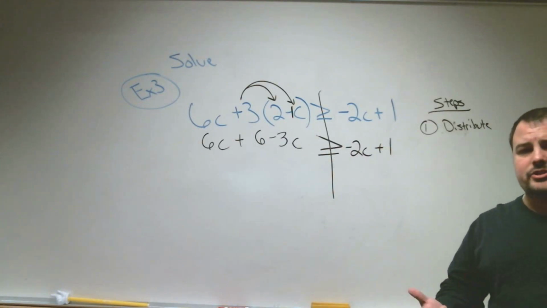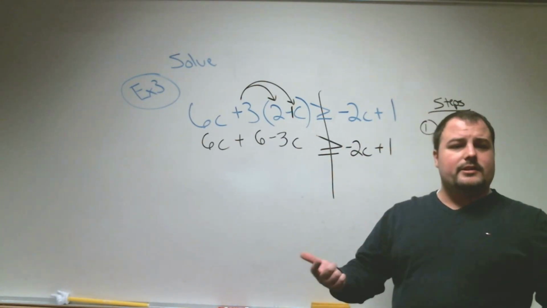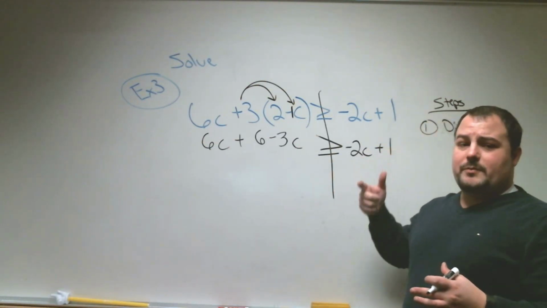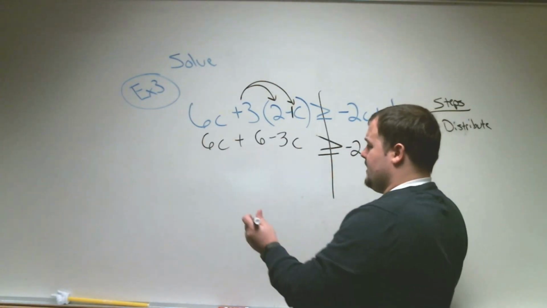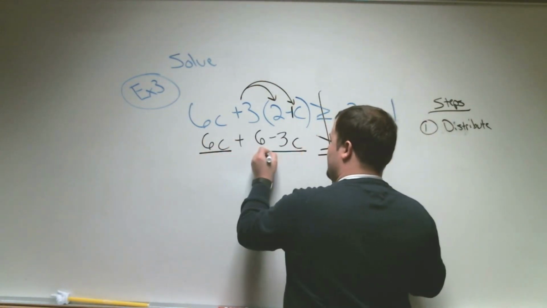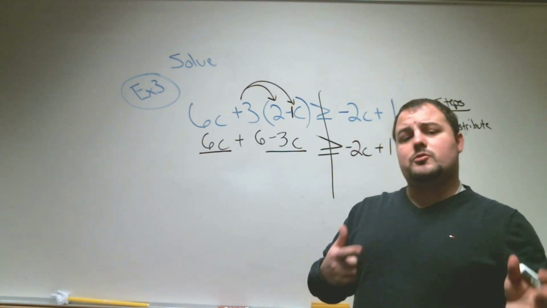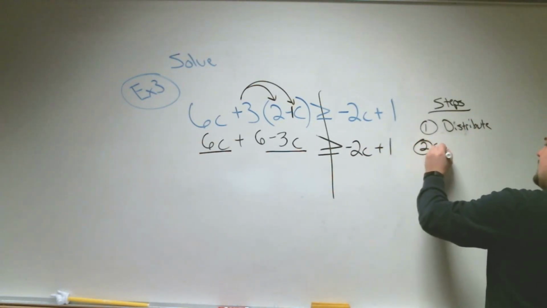So we just did the distribution part. The next step is to combine anything that can go together on either side. These cannot go together because a variable cannot go with the number. On this side, I see 6c's and I see a negative 3c's. Those can go together. So what we're going to do is we're going to combine those. So the second step is to combine like terms.